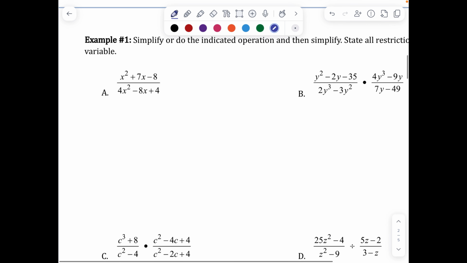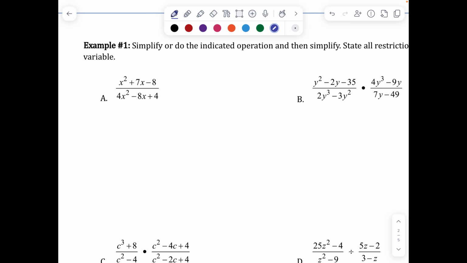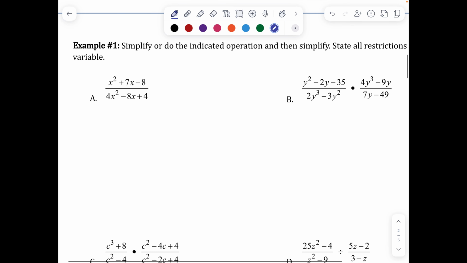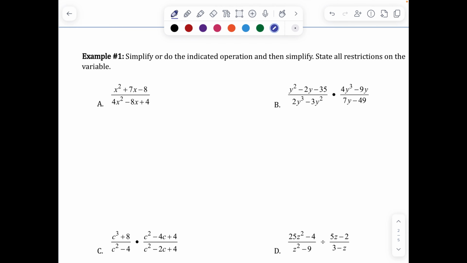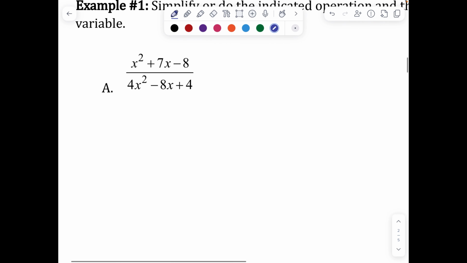So our first example says simplify or do the indicated operation and then simplify. We want to state all the restrictions on the variable. So we're going to go ahead and look at A first. So I'm going to go ahead and factor that numerator. So we have x squared plus 7x minus 8. This is going to factor into x plus 8 times x minus 1. Over in our denominator, I see that I can factor out a greatest common factor of 4 first.